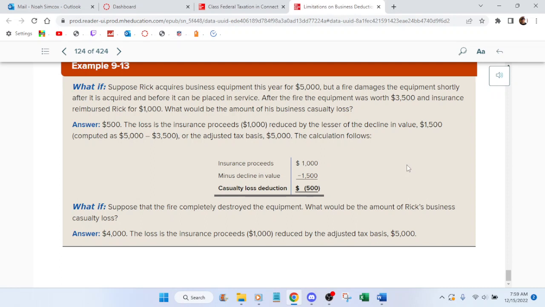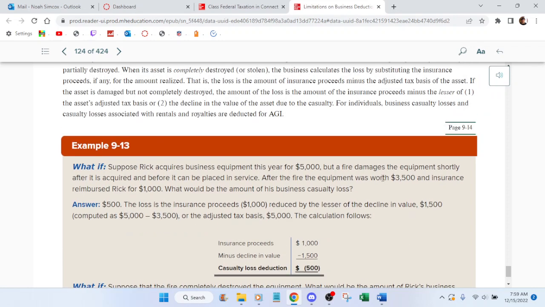So that means you only lost about $500, and therefore you deduct $500. It makes logical sense. I should be fine on this.